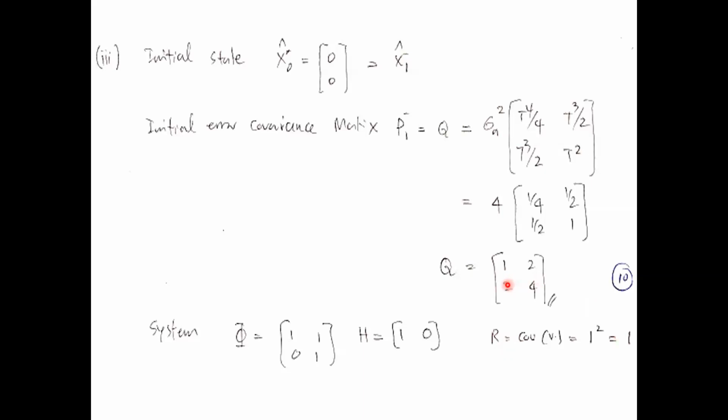Whereas the process, the dynamic model, when you use it to predict the future state, the covariance is a bit higher. So therefore, this is a situation where you have to trust the sensor a bit more than your state extrapolation. Okay, right.